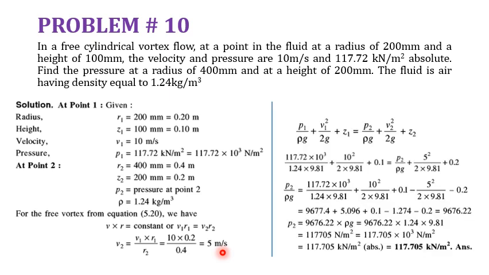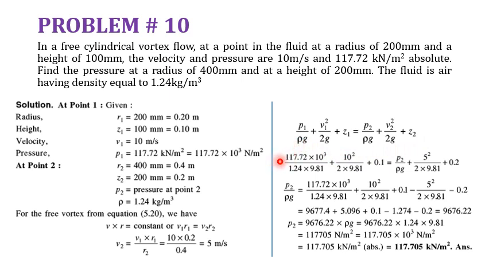And we know Bernoulli's equation is applicable for free vortex flow. So sum of three heads at section 1 and 2 is equal. So P1 over gamma or rho g plus V1 square over 2g plus Z1 is equal to P2 over rho g plus V2 square over 2g plus Z2.